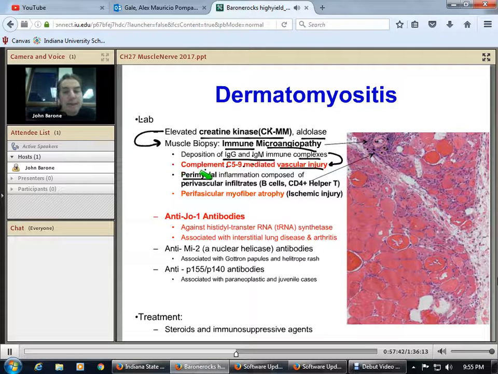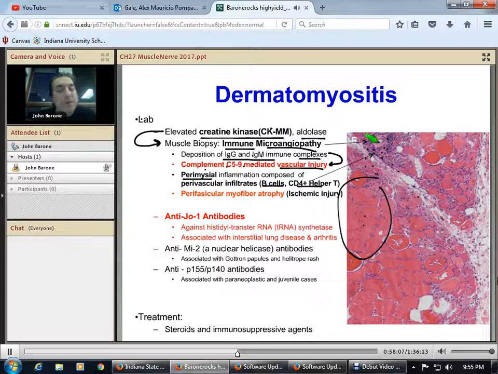Now, in addition, around it, you see all these purple dots. So you also have perimysial inflammation. That's the connective tissue around fascicles, groups of muscle. So that's the connective tissue like here. Here's a group of muscles here, a group of muscles, and you see inflammation in the perifascicular area. You don't see it in between the cells. You see that at the edges, the perimysial area.